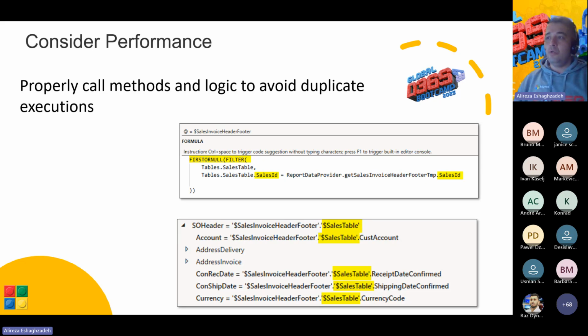So basically, you have the specific formulas from Visual Basic or SQL, like first or null, var, filter, case functions. So you can call the tables, create the join, and also get the custom field and create the outer join or inner join, and also use the metadata in finance and operations.